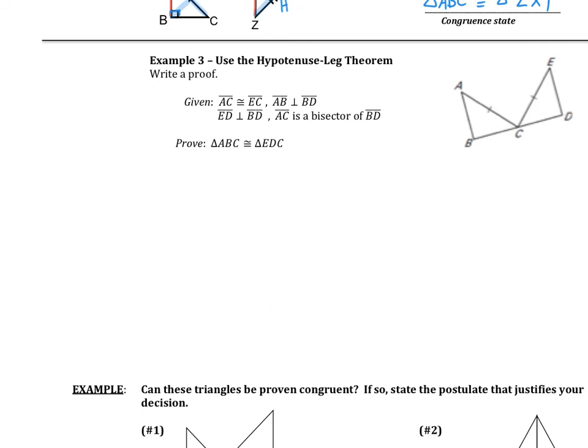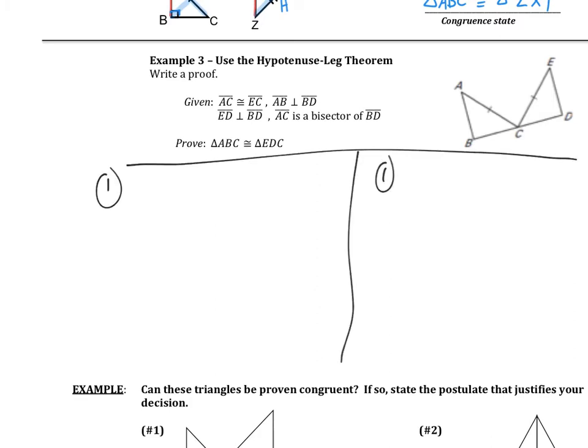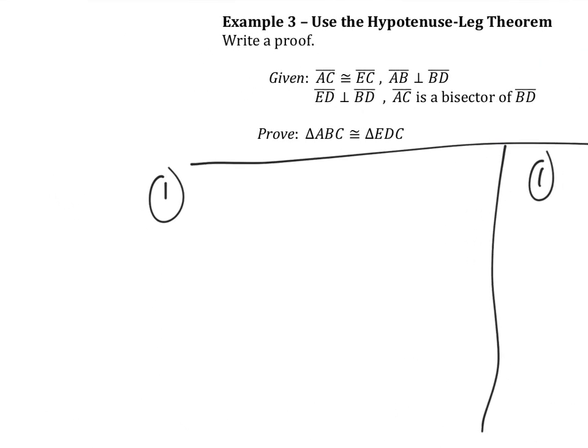So example 3 says to write a proof. I know we're doing another proof. Like I said, we're not going to do a lot on quizzes and tests. We're just going to do a couple together in class. For proofs, we said you always start with the given. So we would start with saying AC congruent to EC. We would also say that segment AB is perpendicular to segment BD. Segment ED is perpendicular to segment BD.